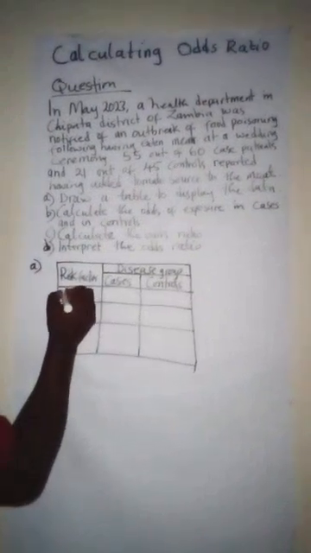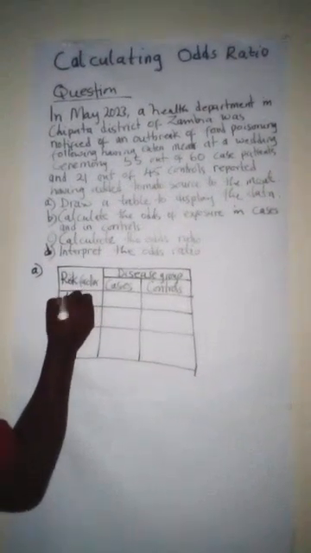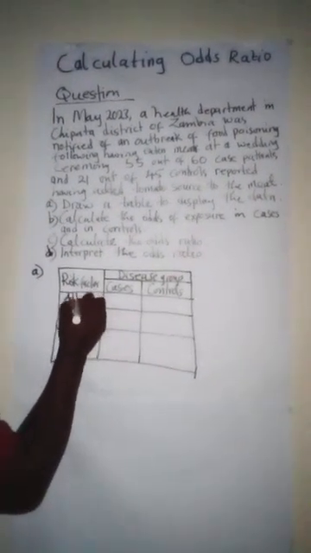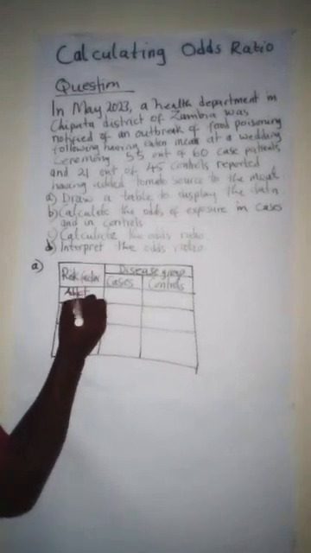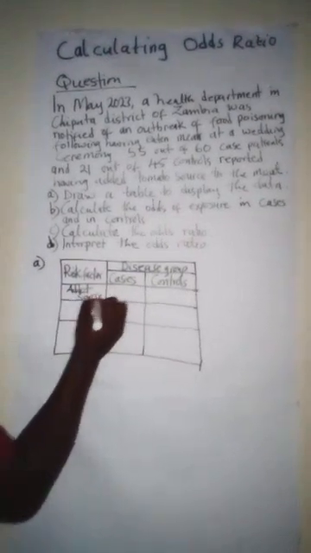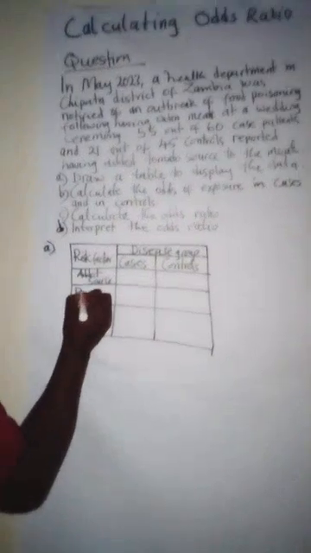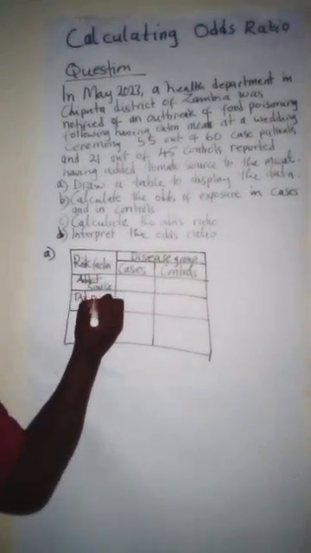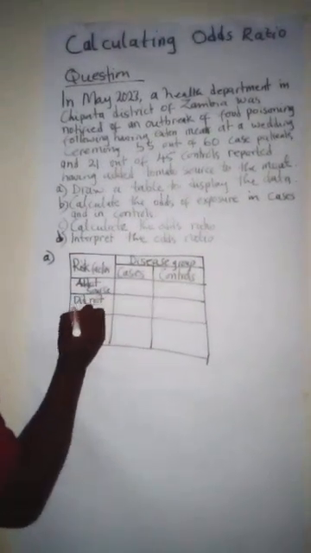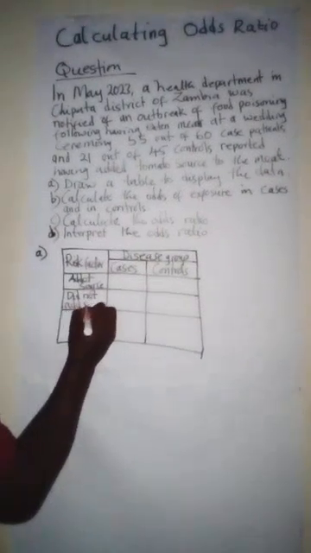So we're going to have the first group that added sauce, another group that did not add sauce.